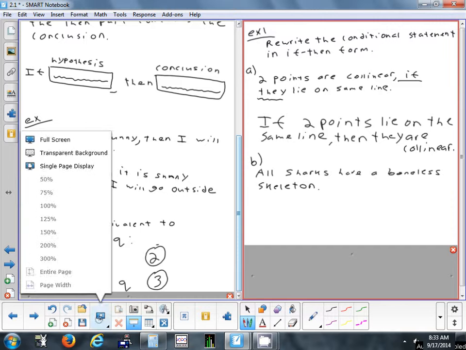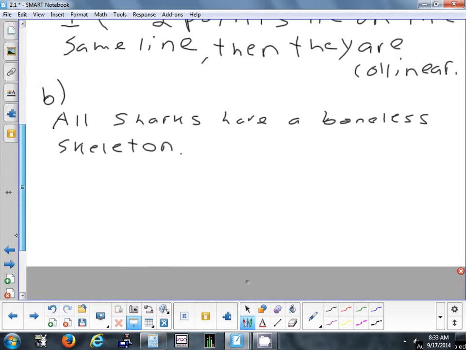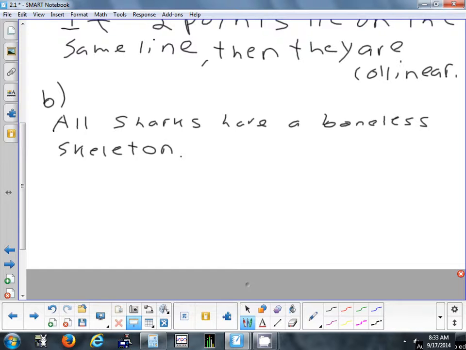Okay, the second one. It says, all sharks have a boneless skeleton. This one's a little different. So in this sentence, what has a boneless skeleton? All sharks. So it's only if the creature we're talking about is a shark. Okay? So that's what we have to say up front. If the creature, or in this case, why don't we just be more specific and say fish.